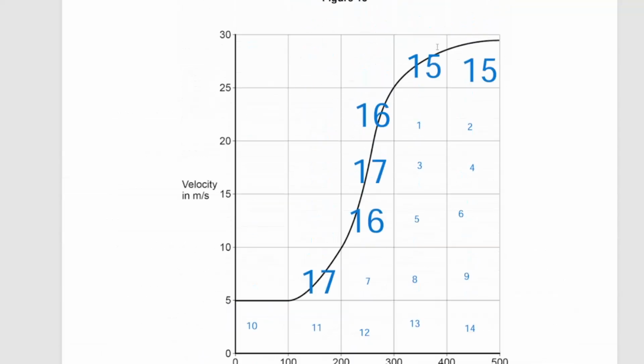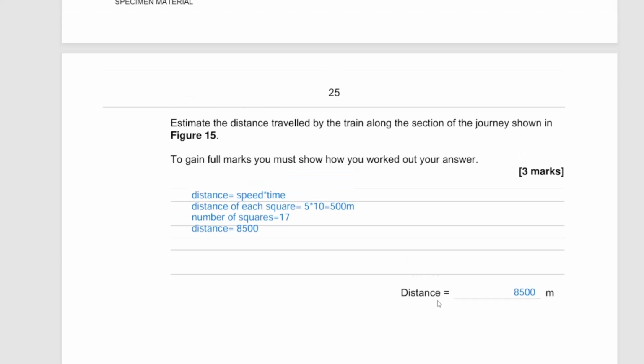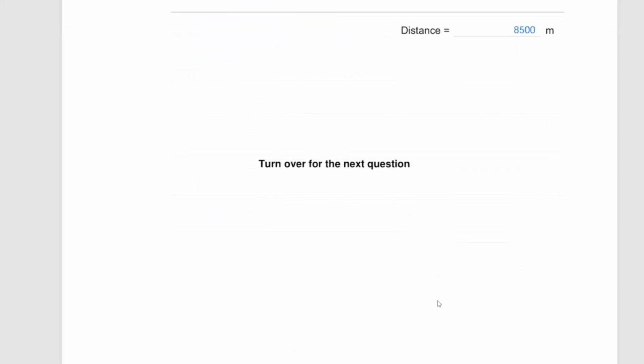I probably could have bundled these better, like bundling one of the 15s with one of the 16s and so forth. But this general approach shows that there are approximately 17 squares, which means that you simply times 17 by the distance for each square. 17 times 500 is 8,500. The distance is 8,500 meters.